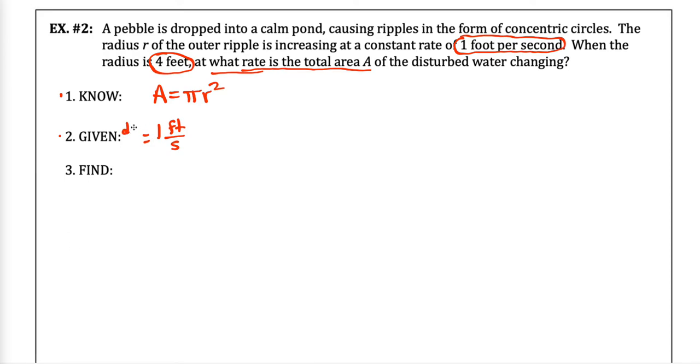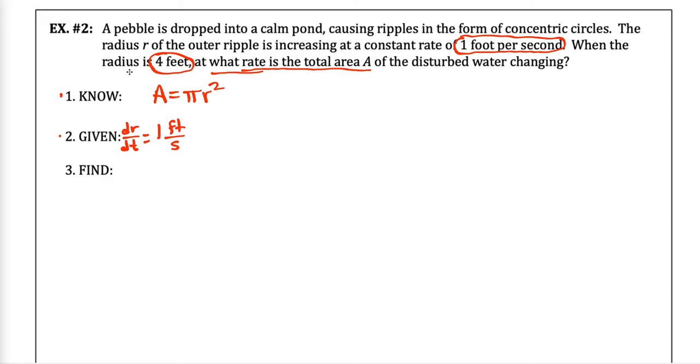So the change in the radius compared to the change in time is 1 foot per second. The foot in itself isn't necessarily going to directly tell you. In your head, you might think that's distance, which it is, but what you're actually measuring is the radius. So you're going to have to read through to figure out what it stands for.